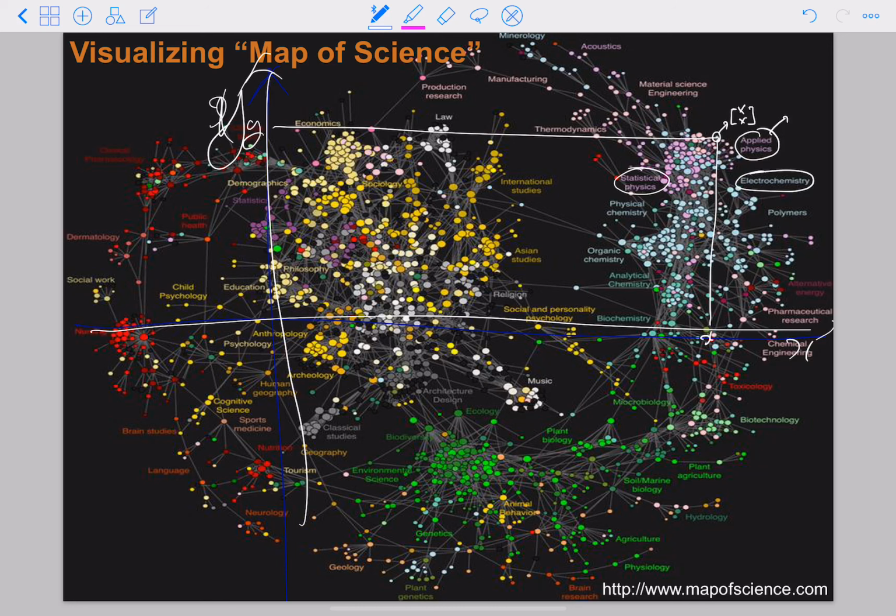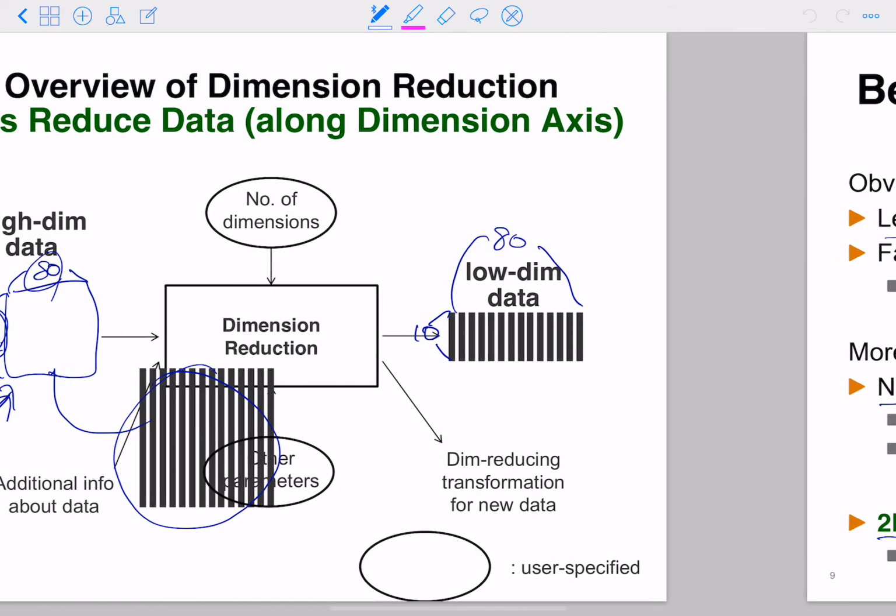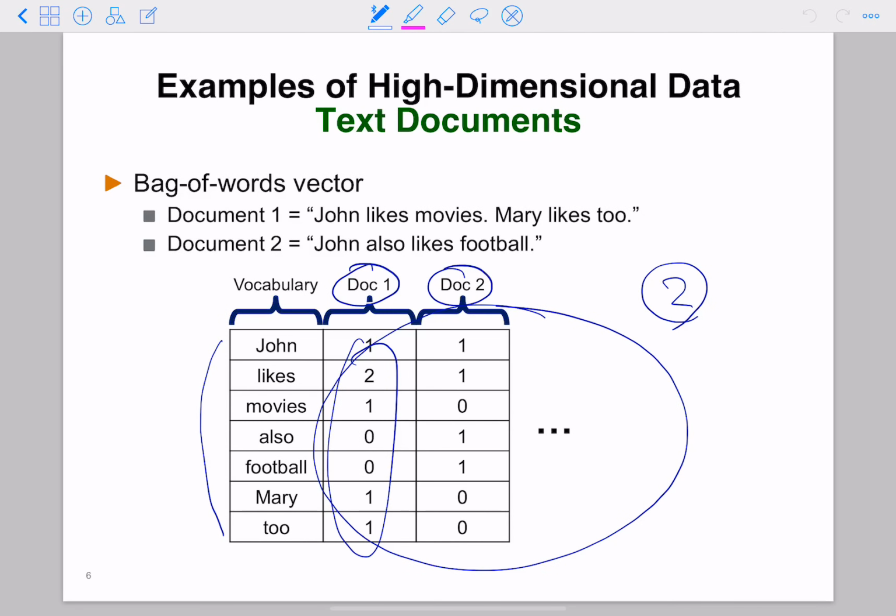The main idea of this dimension reduction is that we want to preserve the relationship between the data items in the original high dimensional space into the low dimensional space. So here in this bag of words representation, suppose this is maybe chemistry, and this is maybe polymers.